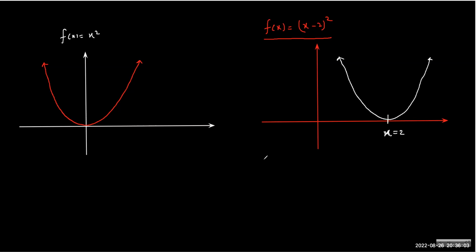Okay. And if I add the next graph, f of x equals x minus 2 whole square plus 2, what does it mean? This means what? Now the graph will translate horizontally and will also shift vertically by 2 units, right?